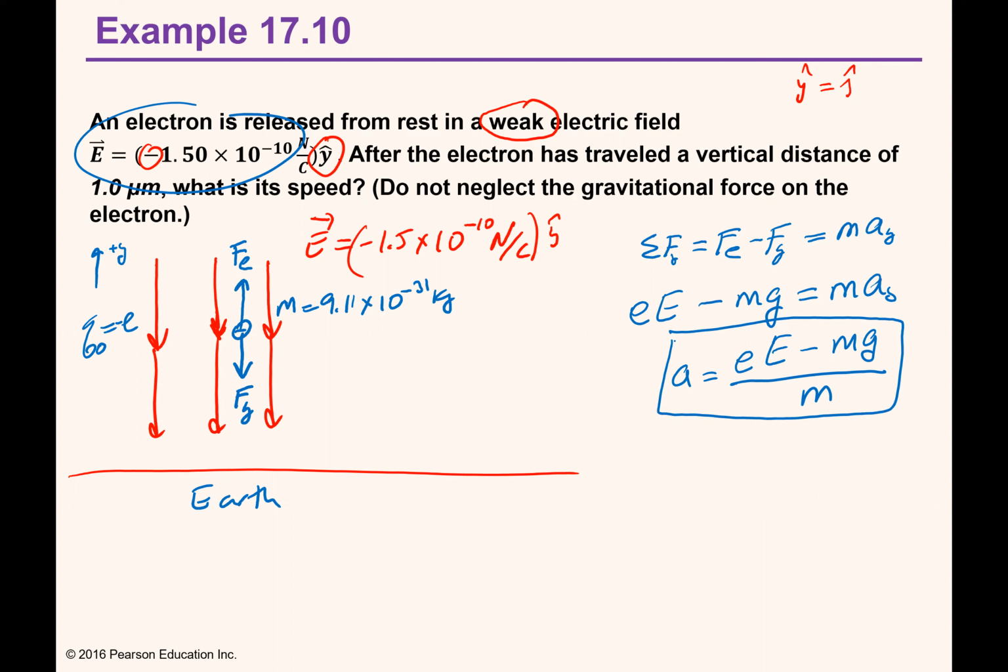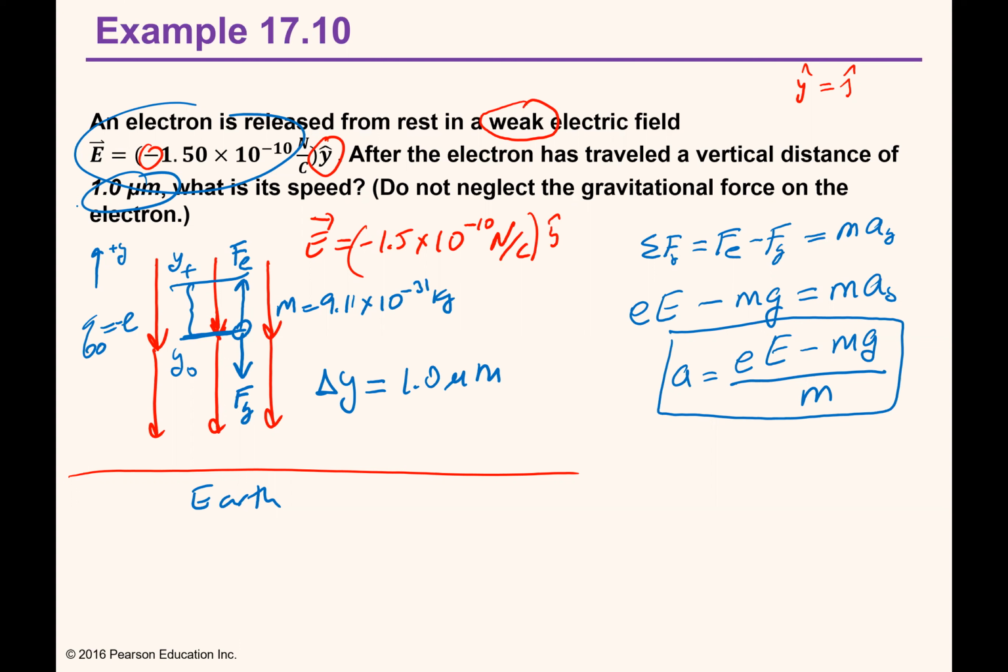Then I understand one thing: this electron, starting from this initial position, goes to some final position, and that displacement, delta y, is 1 micrometer, as we're told right here. That means this electron is going to be speeding up upward.